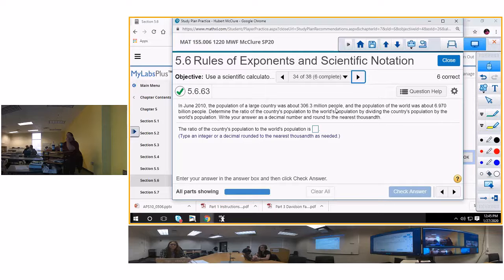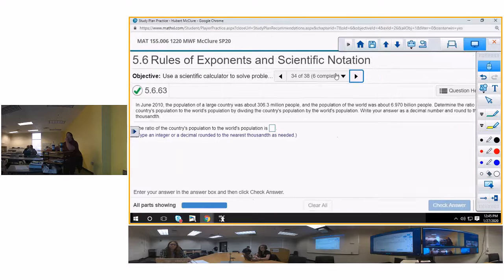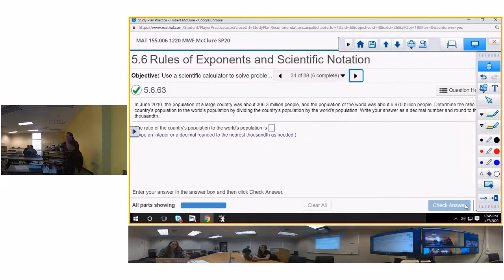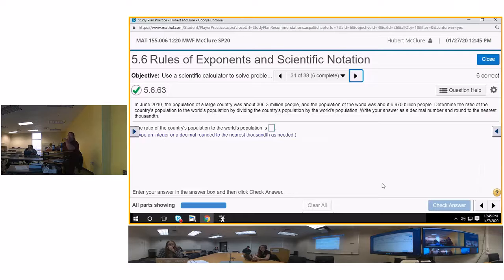There we go. All right, y'all look at this one. I'll clear the screen. In June, the population of a large country was about 306 million people. And the population of the world was about 6.97 billion.